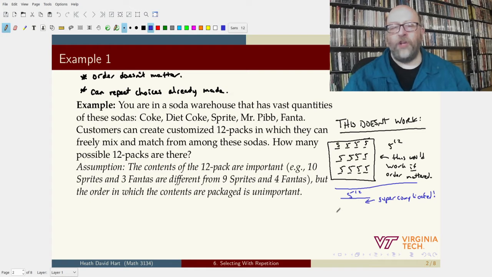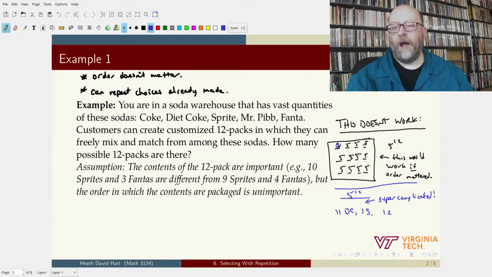If my arrangement contains, let's say, 11 Diet Cokes and 1 Sprite, then there are, actually, 12 different ways we can arrange this, because the Sprite could go in any one of these 12 spots.